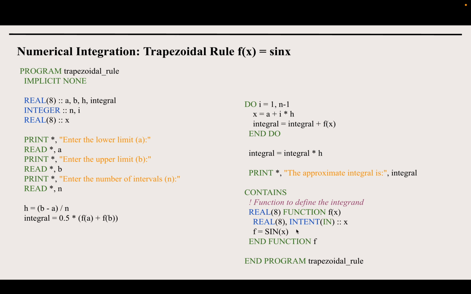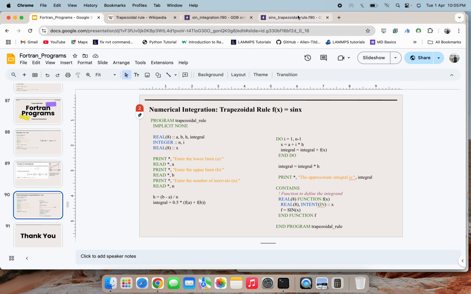We have already seen our videos on functions and subroutines. So this entire code contains a real function f of x, where the input variable is x and f is sin x. Then we are ending the function f, and we are ending the program trapezoidal rule. Next let's go and implement the same code.